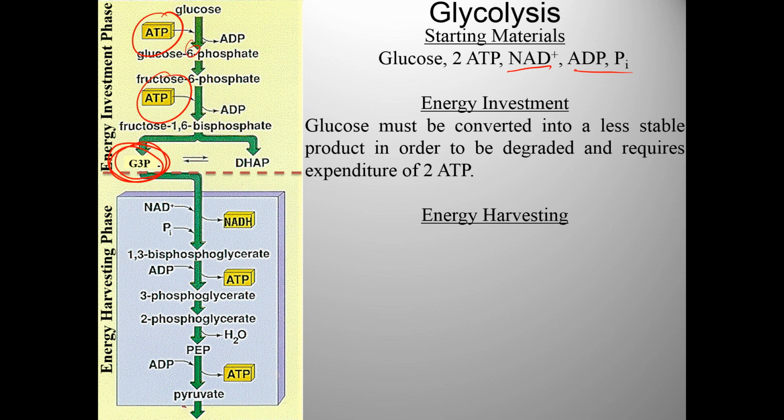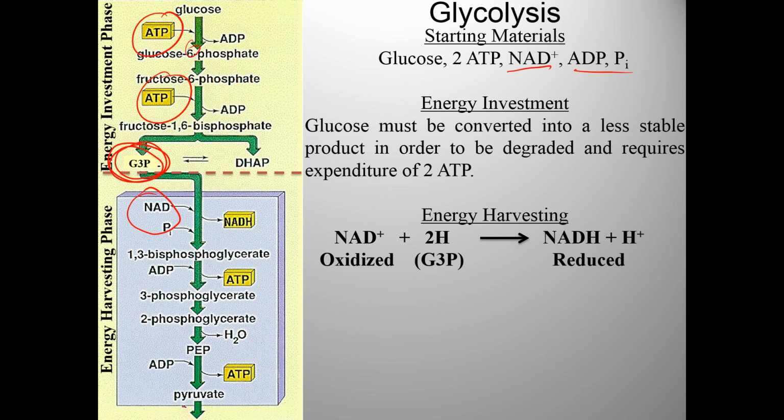Alright, so now we have G3P, or glyceraldehyde 3-phosphate. So these 2 G3P molecules are going to have electrons that are transferred from the G3P molecule to our little bitty electron carrier, NAD+.